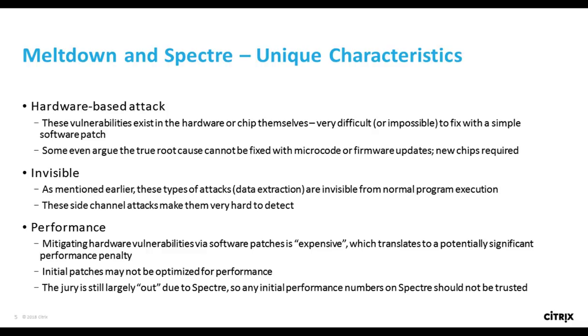We understand and we can easily patch Meltdown, but Spectre is much more complicated, and it's going to take a while until we see the final combination of solutions. So if you see any initial performance numbers on Spectre, you should not trust them. Again, this situation is fluid and keeps developing, so you want to keep on track and watch what is the latest development here.